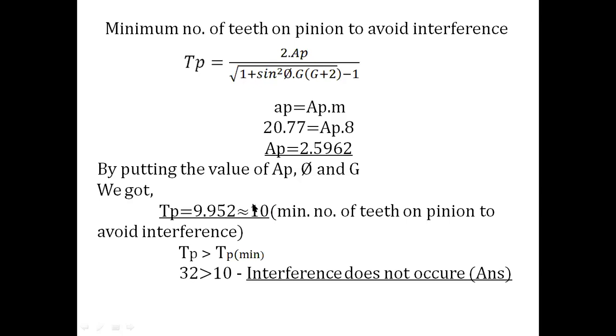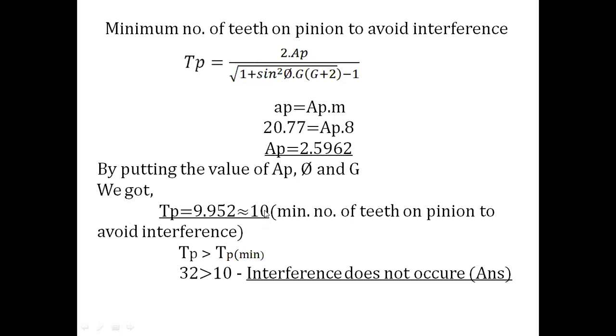Why 10? Because the number of teeth will be a complete integer value, not a decimal or fractional value. So 10 is the minimum number of teeth on pinion to avoid interference.